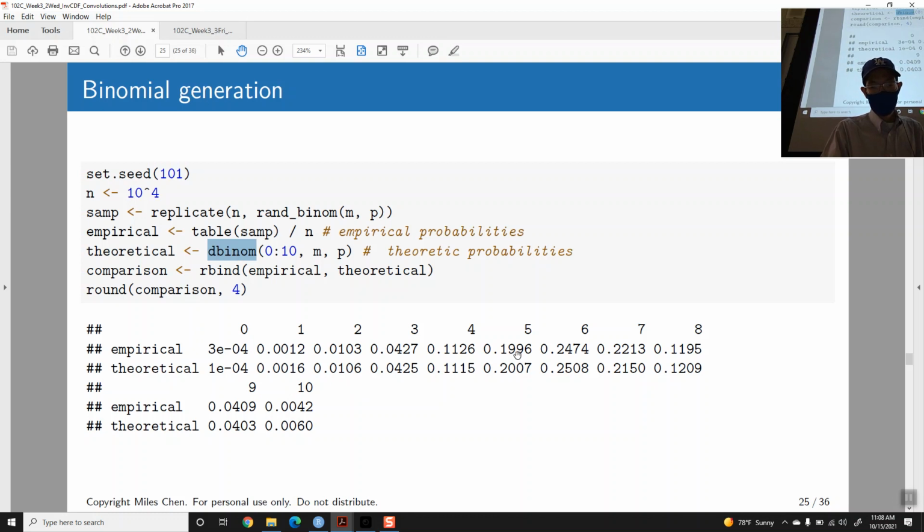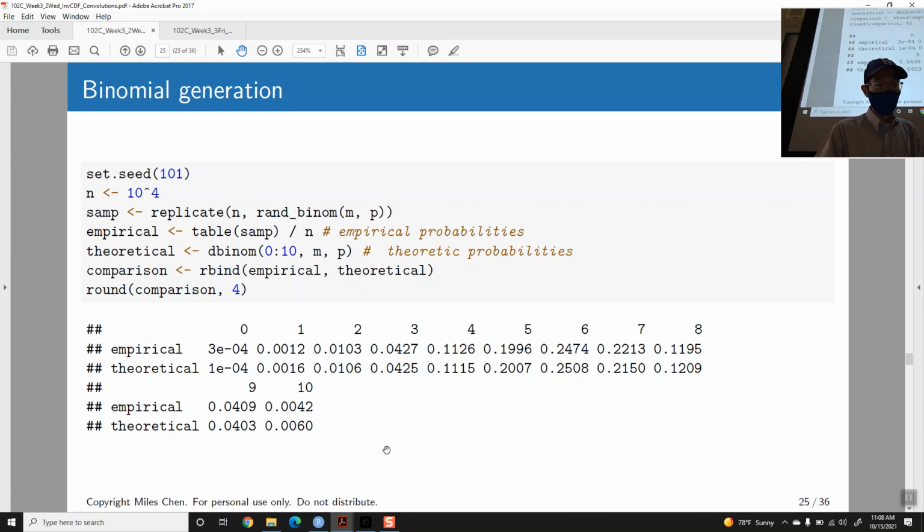We're expecting something around 0.2007 and we get 0.1996. We're expecting 0.2508 and we get 0.2474. So we get pretty close alignment between what we expect theoretically versus what we observed empirically. This is just one random sample of 10,000 observations.